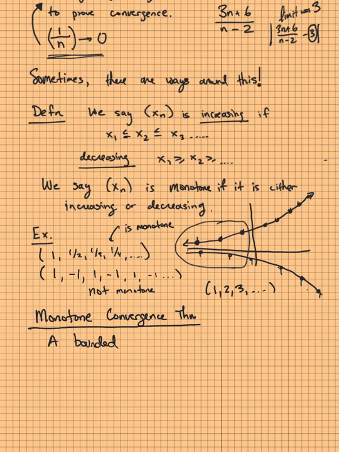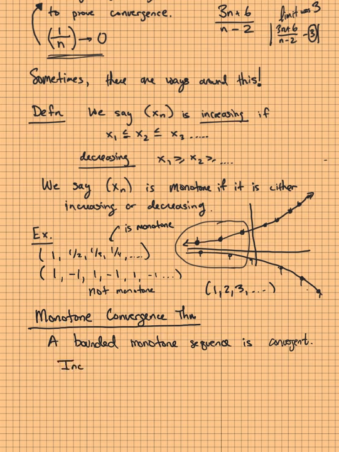So a bounded monotone sequence is convergent. And moreover, you know what the limits are, though it might be tricky in practice to work them out.